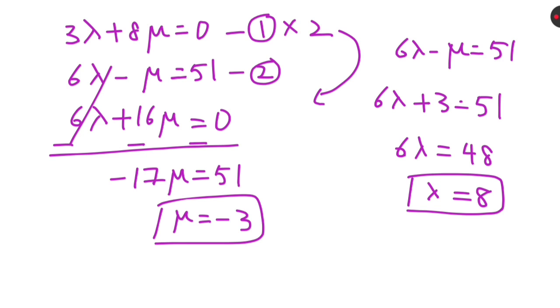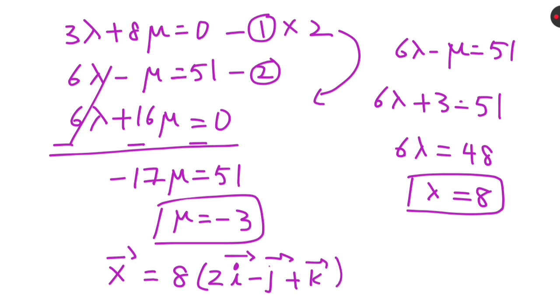Now we know lambda and mu values. So x we can write as a linear combination of two vectors. So what is the lambda value? 8, times the A vector 2i minus j plus k. This is A vector plus mu. What is mu? Minus 3 times B vector. What is B vector?